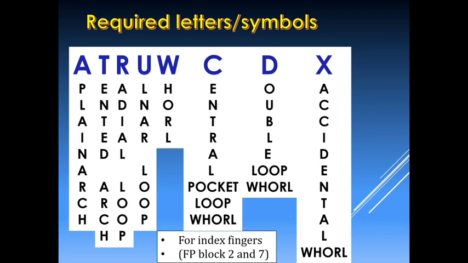The other authors stated that the purpose of this is to have an easy classification when we reach the secondary classification or division. So I repeat, in some other authors, they utilize this ATRO CDX for the index fingers.